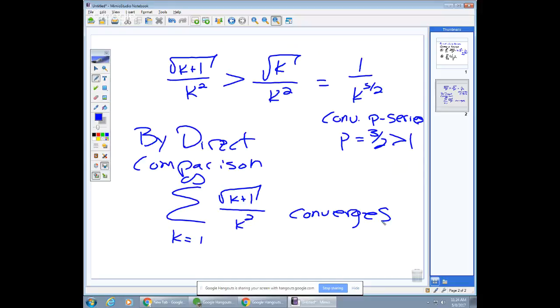So sometimes if the inequality doesn't look too bad, I'll just go for it if it seems obvious. If it doesn't seem obvious and the algebra of the inequality does not look like fun, then I'll do a limit comparison. So, questions on what I have there with the direct comparison?